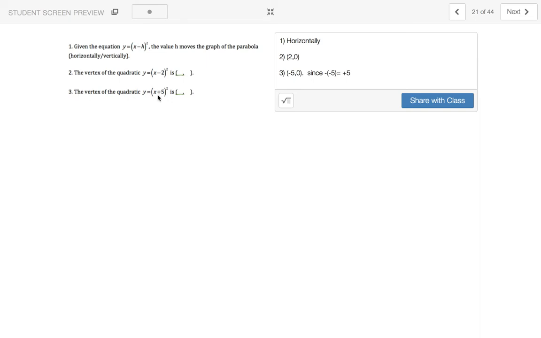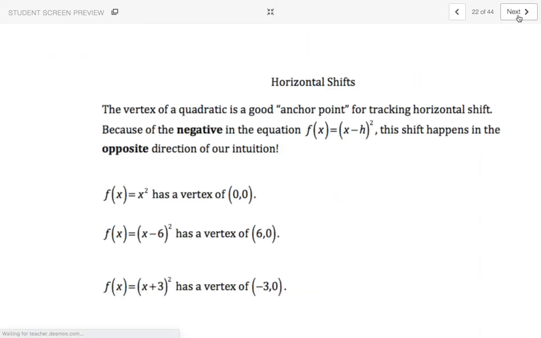So on the second one, because it's a +5, it's going to have to be a negative, since minus a -5 is a +5. So you just have to be very careful that in this type of equation, the h is just the value, but it will be subtracted.